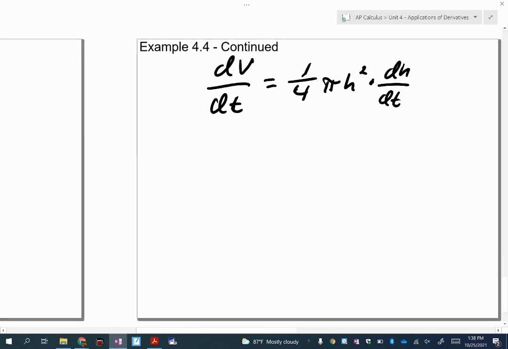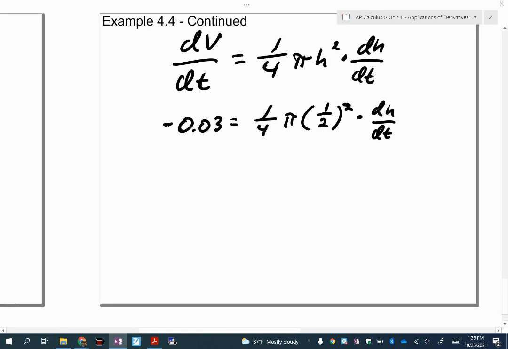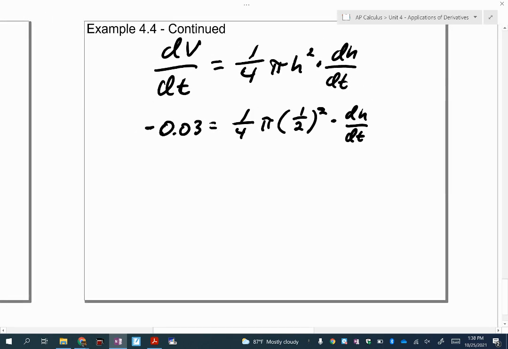So I'm going to plug in my negative 0.03 equals 1/4 times pi times my height of 1/2 squared times dh over dt. So this is now an algebra problem, just solving for my unknown. I'm going to clean it up a little bit before I go to Desmos. 1/2 squared is 1/4, so that's going to be 1/16 times pi times dh over dt.